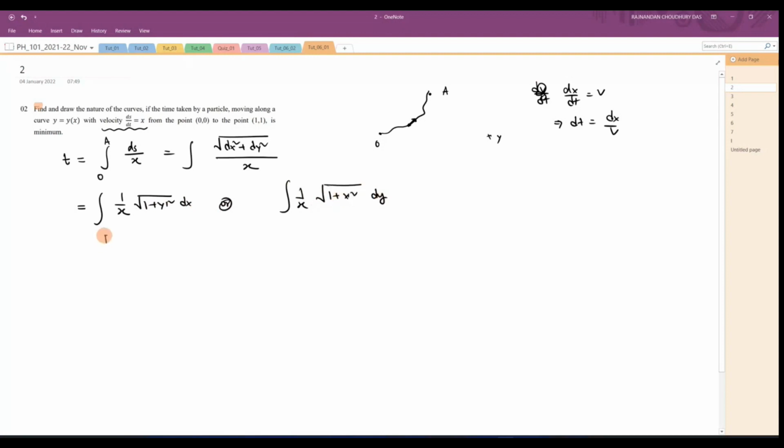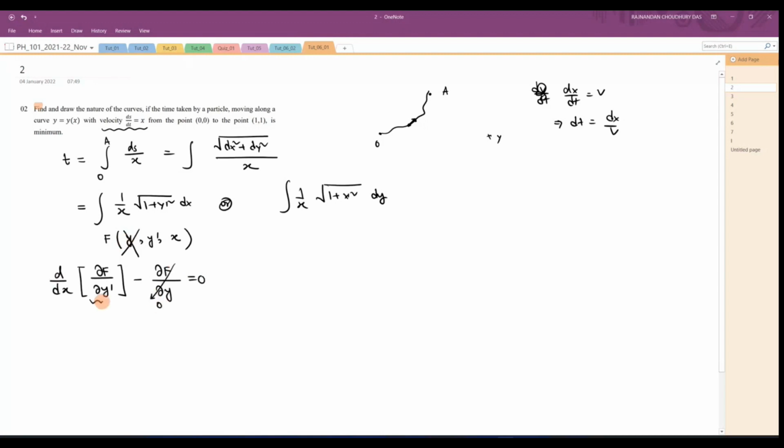So here, if you see, your function is of the form where the variable is x and y prime, but you do not have any y. So this will simply become d/dx of (df/dy prime) minus df/dy equal to 0. Your Euler-Lagrange equation will look like this, but because your f does not have any y, that part will become 0.